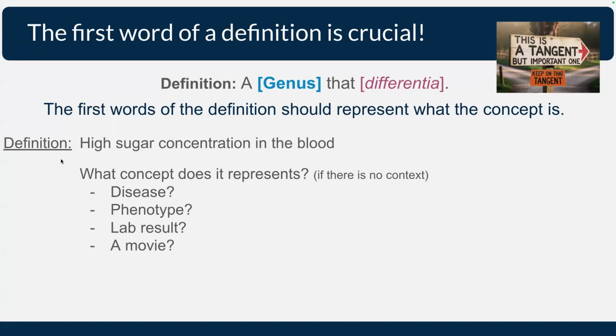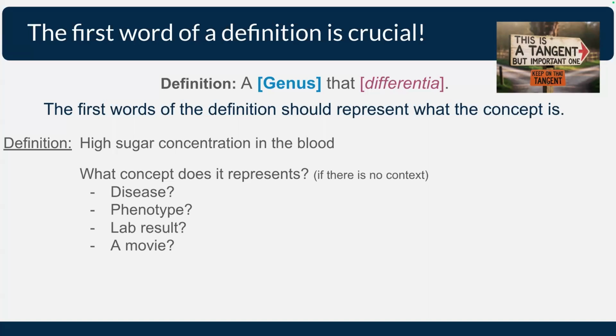I have seen so many times a definition that says something along the lines of high sugar concentration in blood. This is not helping. Same thing as the very first example about rock. What does it mean? Are we talking about the disease? Are we talking about a phenotype? Are we talking about a lab result? Are we talking about a movie? We could be talking about absolutely anything here.